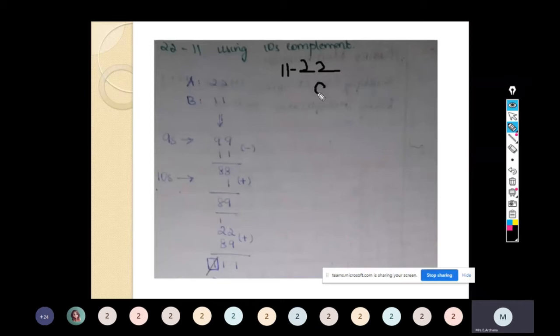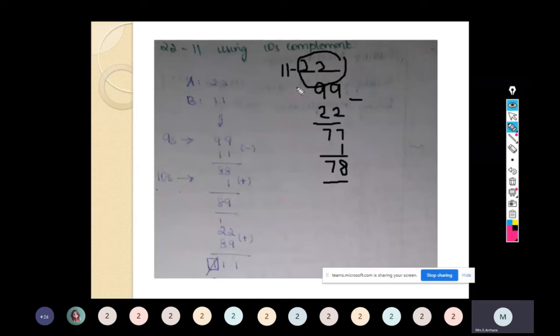First we subtract: 99 minus 22. 9 minus 2 is 7, so 77. This is the 9's complement result. The requirement is 10's complement, so add 1 with this. 77 plus 1 is 78. This is the 10's complement result for 22.